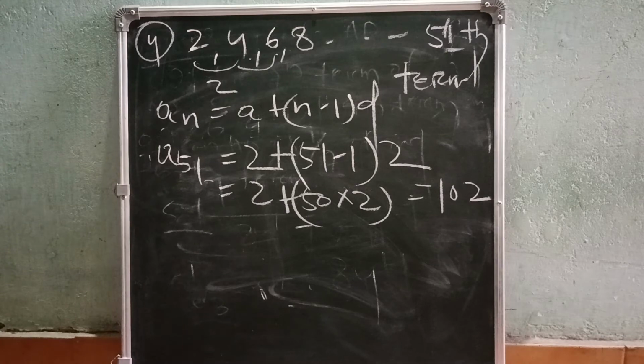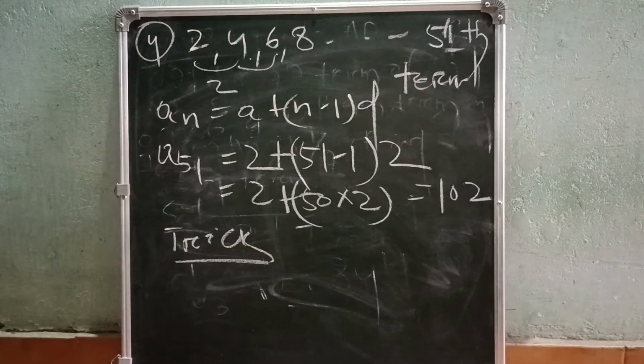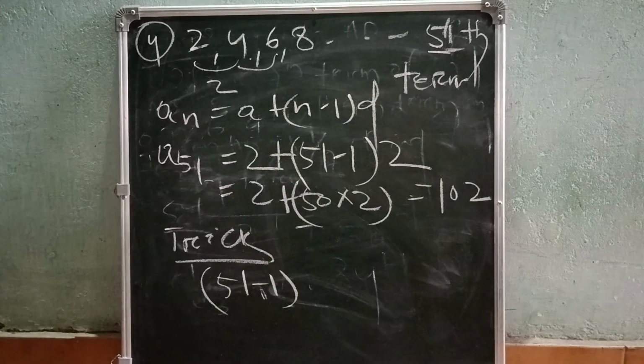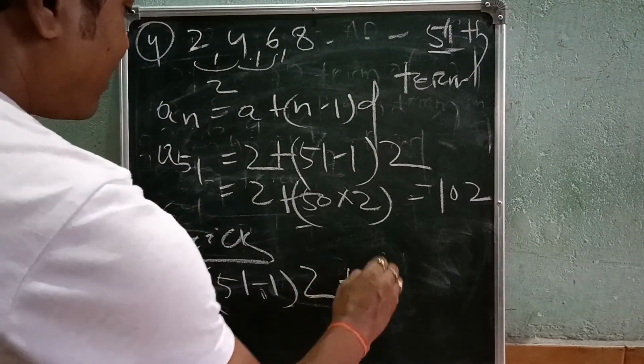But what is the trick? Go through the trick, and see whether the answer is the same or not. Very simple. Whatever the number of terms, you just reduce 1. So 51 minus 1, into the difference, which is 2, plus the first term.